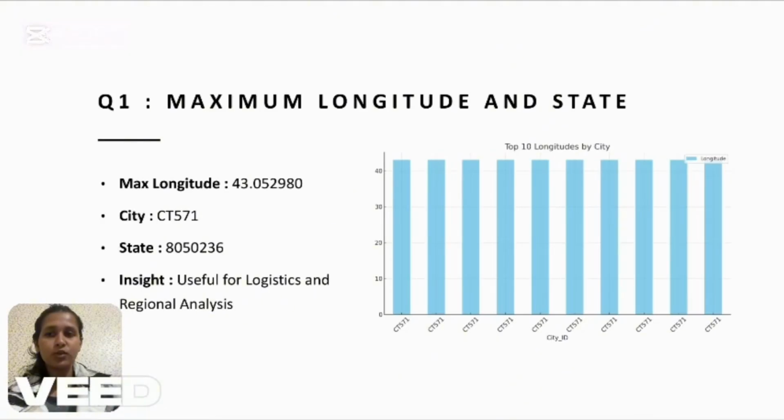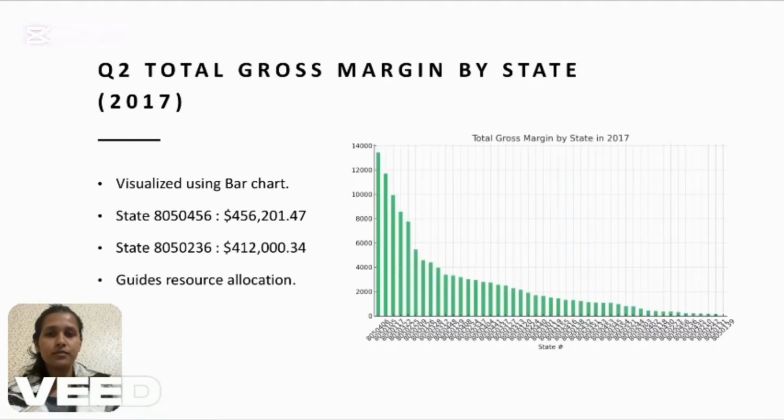Let's move to the second question. Here, we were required to compute the total gross margin for each state in 2017, and this involved filtering the dataset by date, joining it with the state data, and grouping the results accordingly. We created a bar chart to visualize the total gross profit.